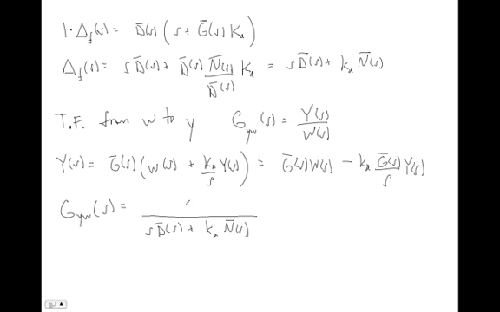And in the numerator I will get s times the numerator of s. So this is my transfer function from W to Y. And I already called the denominator my new closed loop characteristic equation, delta sub F, and that's underneath s times numerator bar of s.